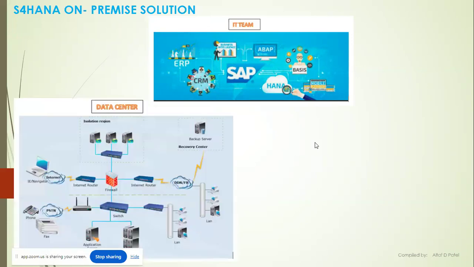And you need to have a data center to create all the networking, your virtual VM backup, and your laptops should have the right version of the upgrades and all those things. So a data center team is needed.